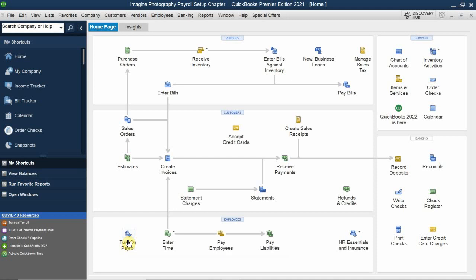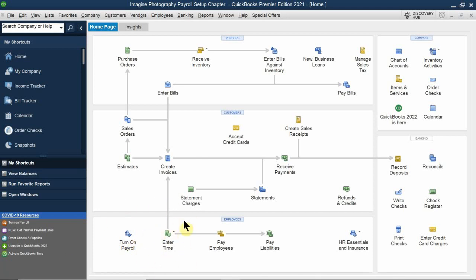We'll talk about what an automatic payroll system is in chapter 11, but for chapter 10, I'm going to show you how to set up the payroll first, and then we'll talk about paying our employees next week.